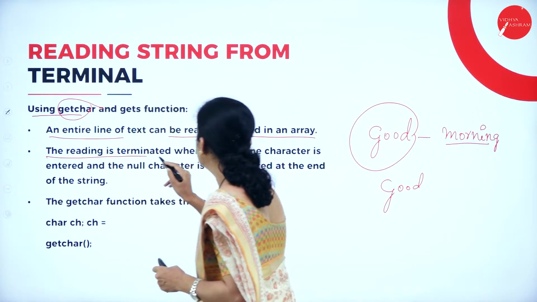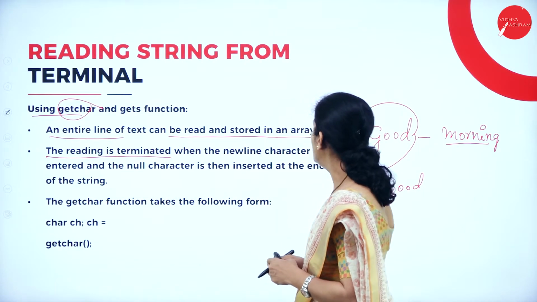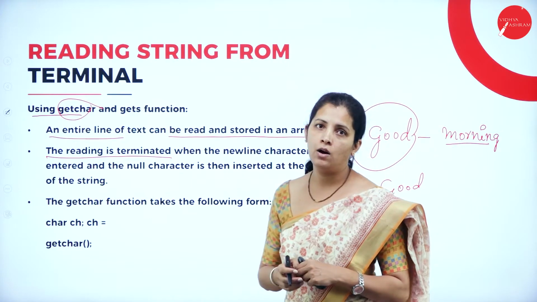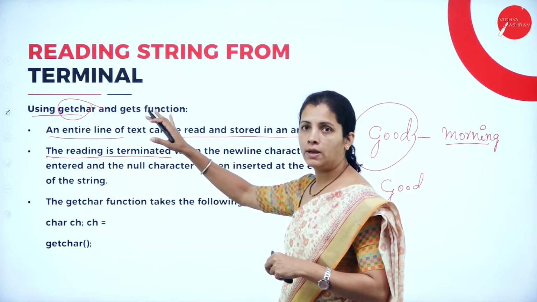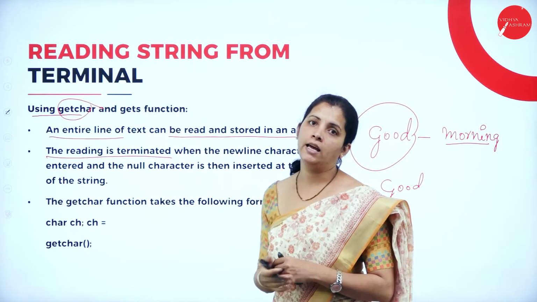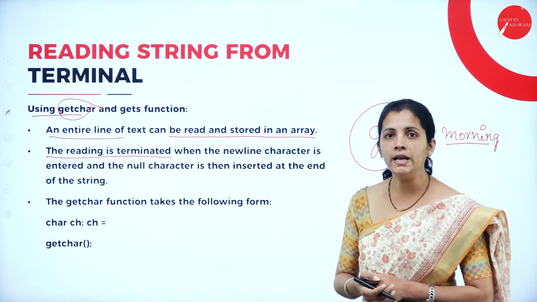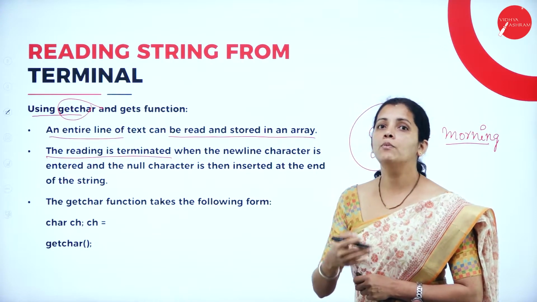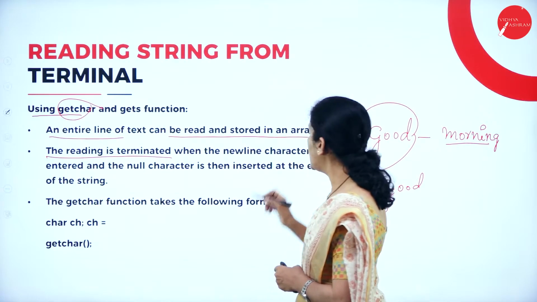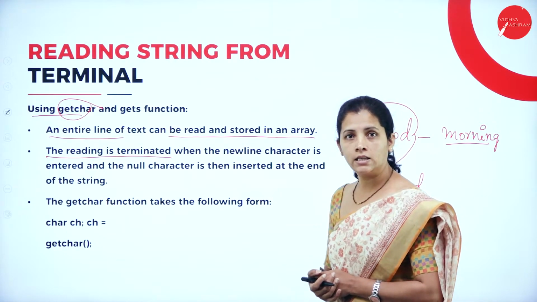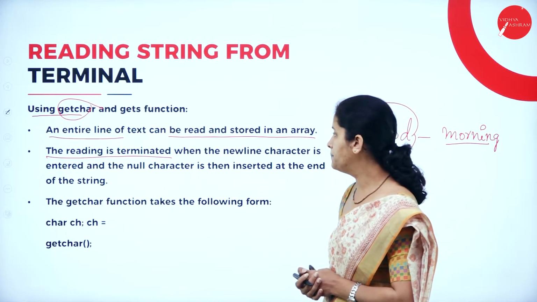The reading is terminated when the newline character is encountered. So I can read a complete line, and it terminates when I encounter any newline character or the enter key.